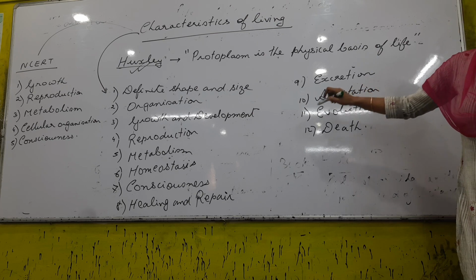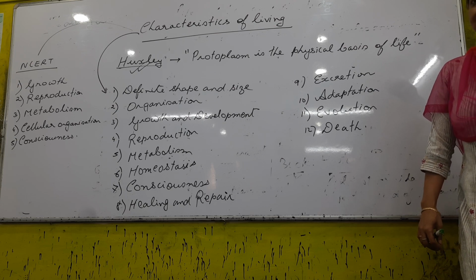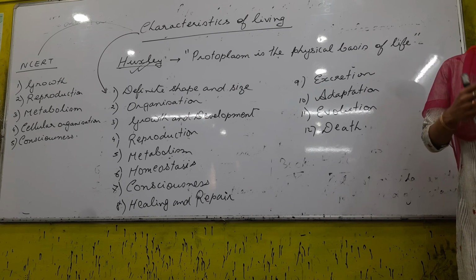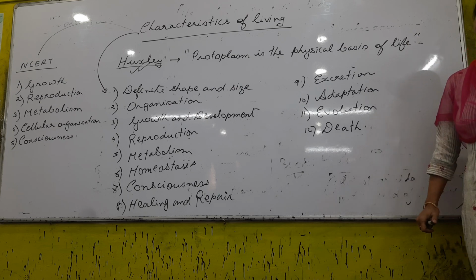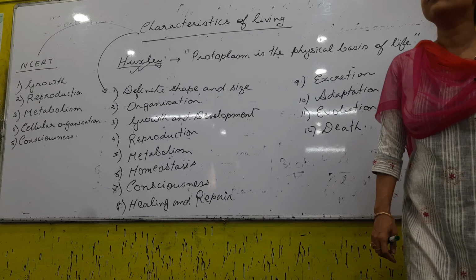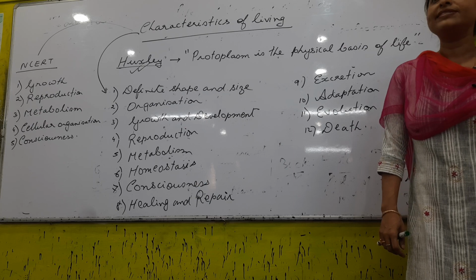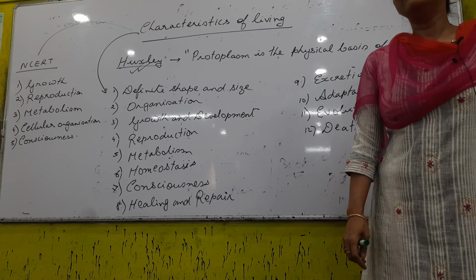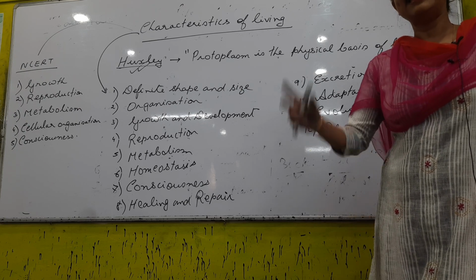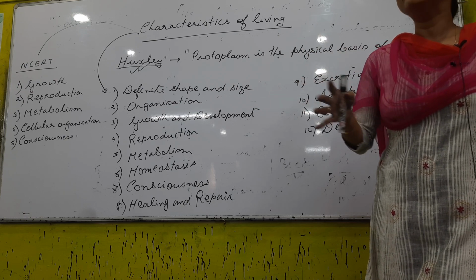What about adaptation? Adaptation means any organism lives in a particular habitat, and does not live in another, because it can adjust in that particular habitat. In terms of plants, we have heard about different types of plants, for example hydrophytes. We have also heard of xerophytes, no? Hydrophytes are plants that grow in water, and xerophytes are plants that grow in waterless conditions.